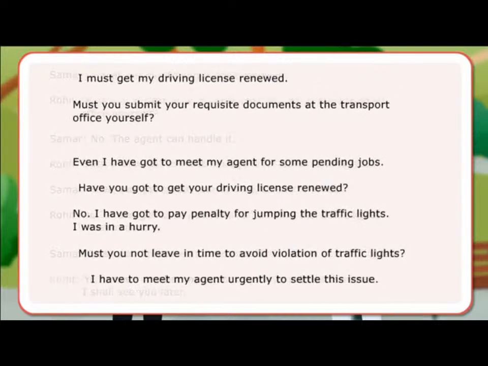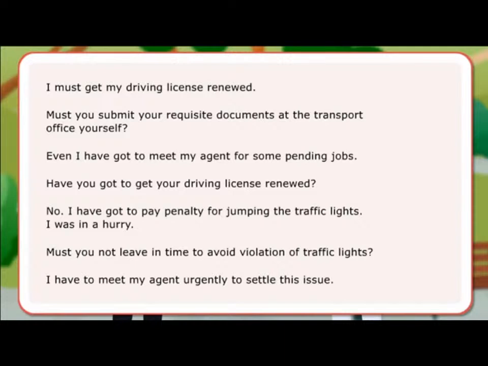Here are some examples of sentences using must and have got to. I must get my driving license renewed. Must you submit your requisite documents at the transport office yourself? Even I have got to meet my agent for some pending jobs.